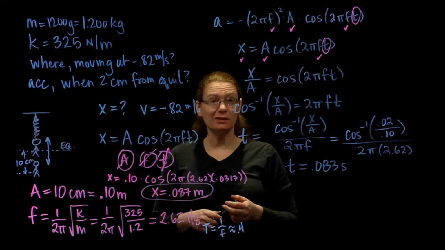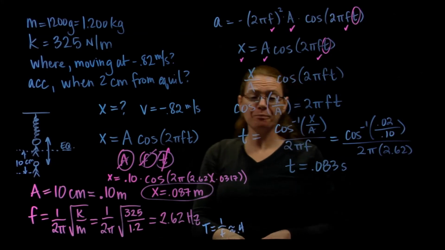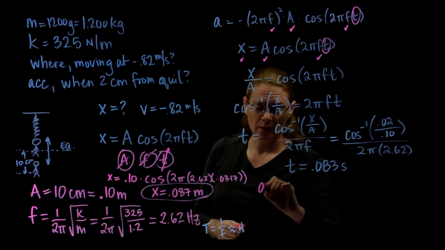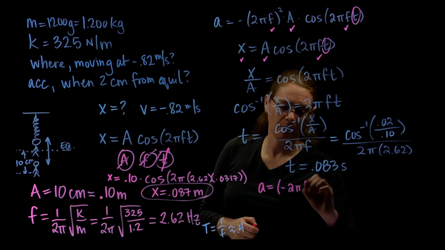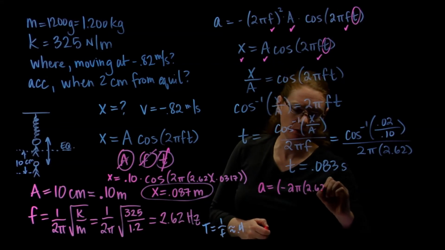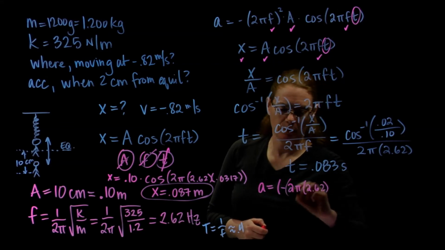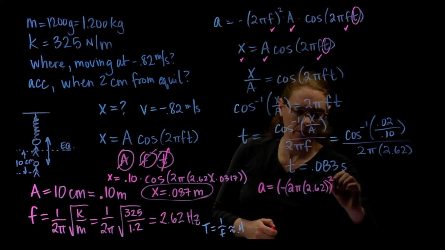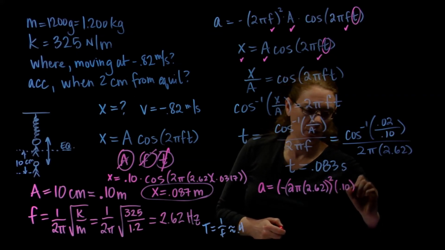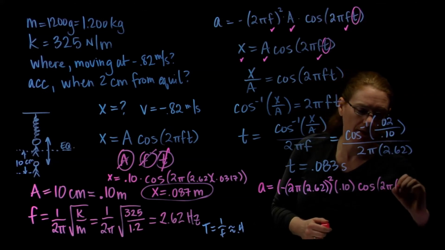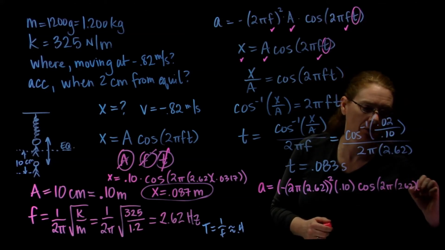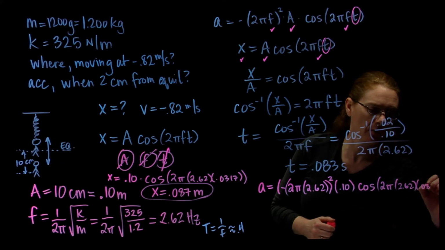Let's see what we get for our acceleration then. So our acceleration is going to be negative 2 pi f, 2.62, squared, times 0.10 times the cosine of 2 pi f t, 0.083.